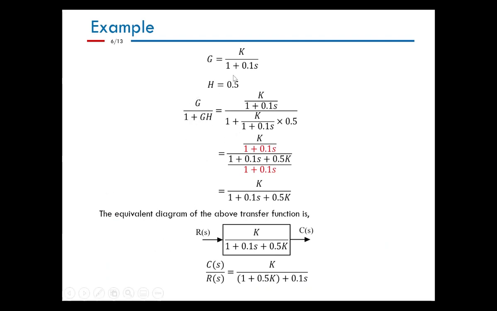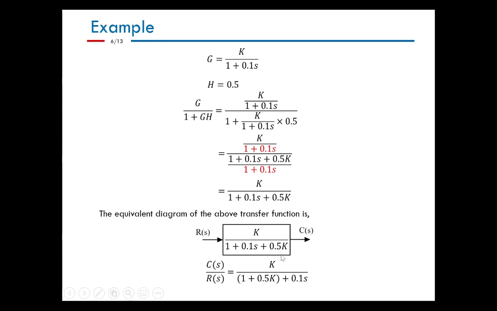In this case, the value for G is k over 1 plus 0.1s, and H is 0.5. By multiplying 1 plus 0.1s at both the top and the bottom, we eventually get the transfer function G over 1 plus GH, which is k over 1 plus 0.1s plus 0.5ks.